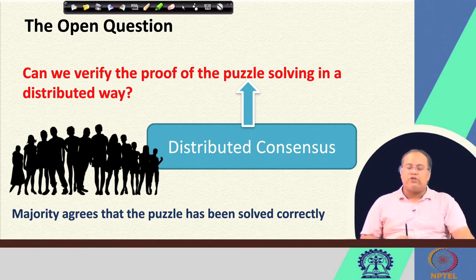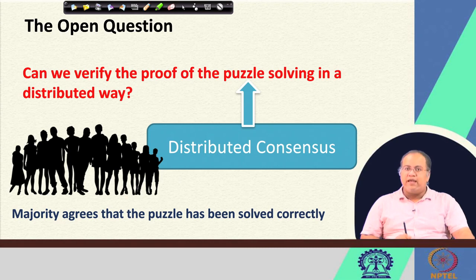How to solve that puzzle, and what that puzzle is, we are going to look at later on. For this, I need a kind of consensus among the participants, others to observe whether this particular transaction is valid or not, and from that perspective I need a consensus mechanism in a distributed system.